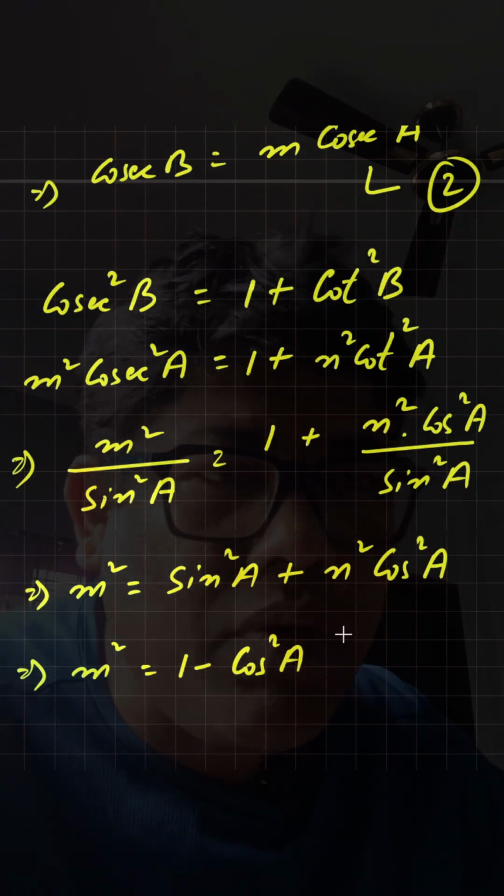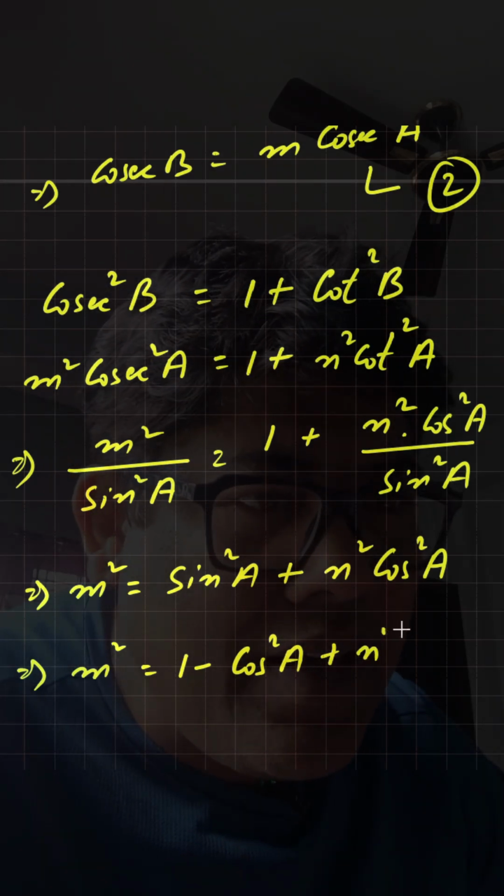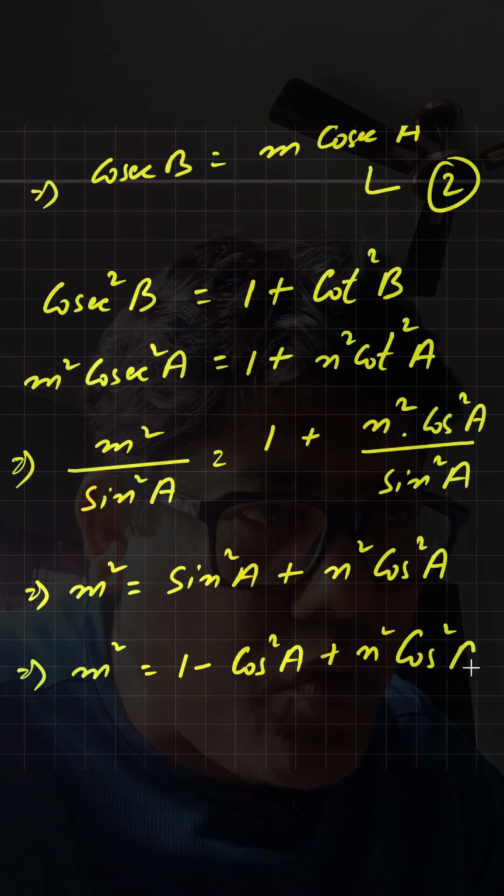That will give us sin square A equal to 1 minus cos square A. So plus n square cos square A.